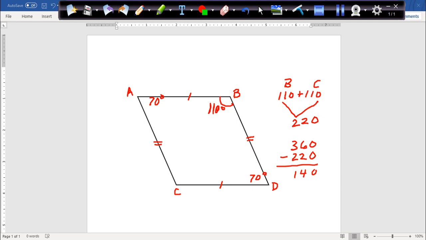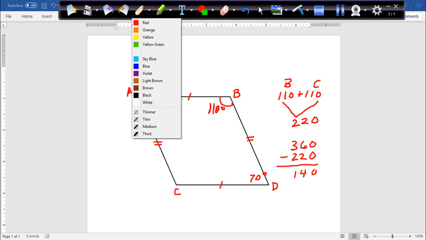And if you look in your book, it goes over to page 389, and it shows you exactly what we just showed you on the white screen. That 2x plus 110 plus 110 equals 360. So they just did it as an equation, and what they did is they solved for x. So we can do that so you can see it. Let me get a black pen so you can see it.